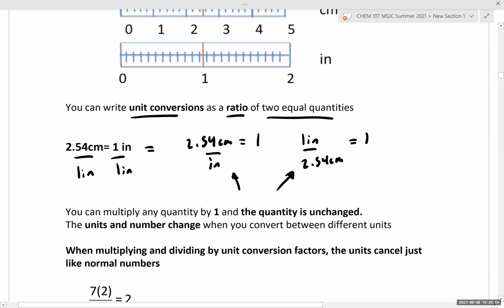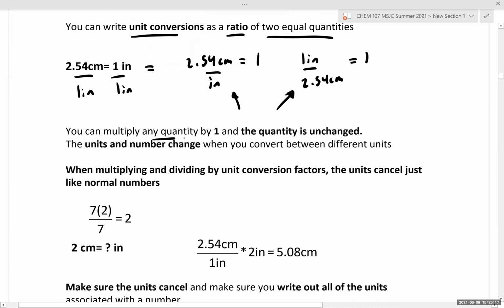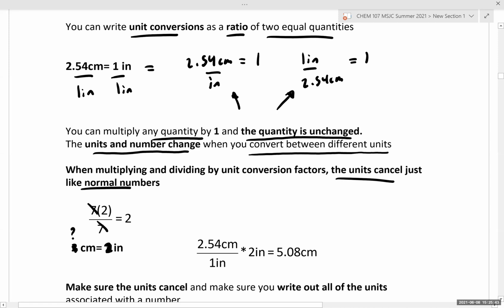Okay, so now we can multiply any quantity by 1 and the quantity is unchanged. The units and number change when you convert between different units. This is important because when multiplying and dividing by conversion factors, the units cancel just like normal numbers. So for example, if we're trying to convert 2 inches into centimeters, we would take our 2 inches and multiply it by our conversion factor, which is 2.54 centimeters per inch.